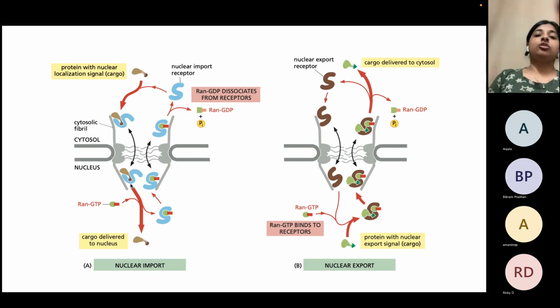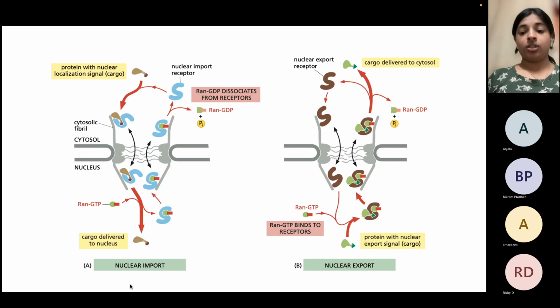Here, the nuclear import receptor is recognized by RAN-GTP, and quickly RAN-GTP binds to this import receptor. This binding results in a conformational change that releases the cargo. So now, very elegantly, the cargo has been delivered into the nucleus. At the same time, RAN-GTP, following the concentration gradient, moves into the cytosol, and the import receptor is again transported into the cytosol, where it is ready to bind to other cargoes and continue this cycle.